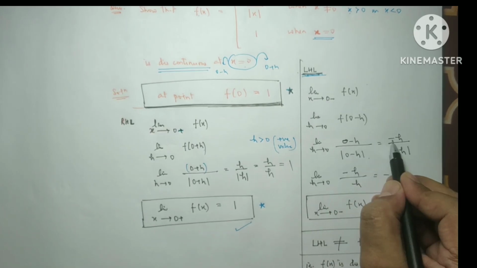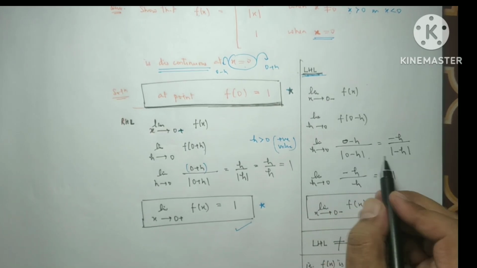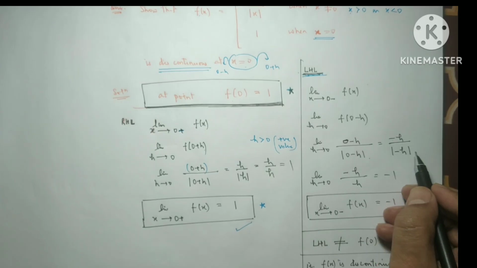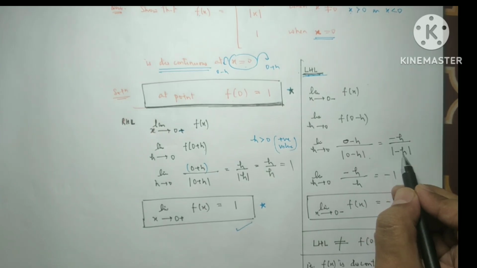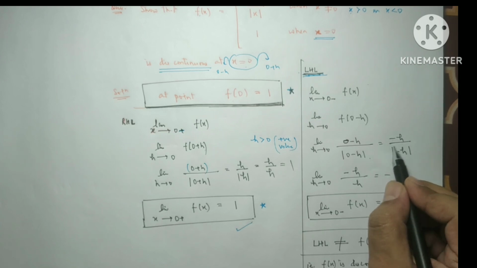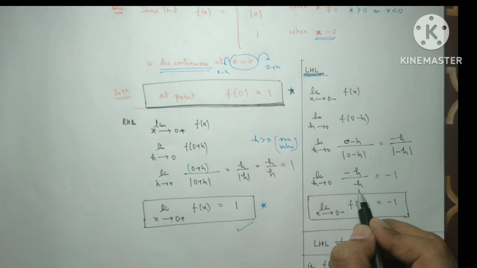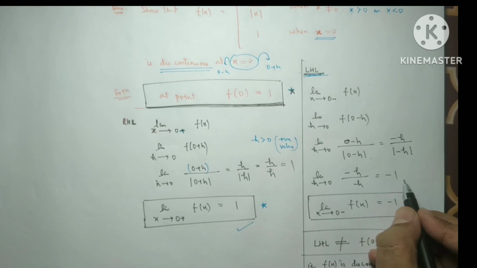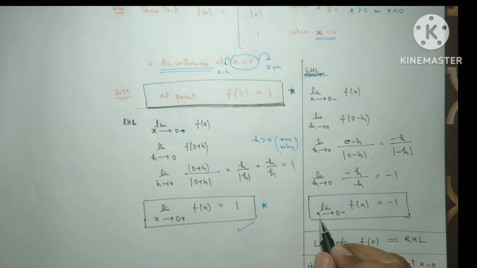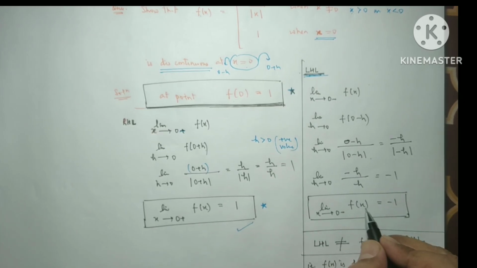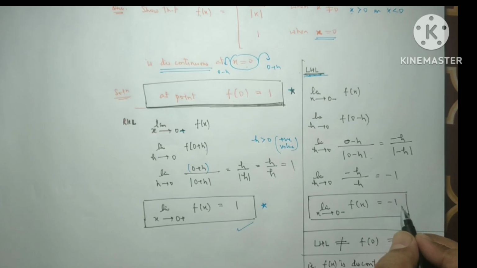So it is minus h, and there is modulus of minus h, and modulus is always positive, whatever the value inside, positive or negative, the result is positive. So it is minus h over the positive h. When you cancel this you get minus 1. So the limit as x tends to 0 minus h of the function is minus 1.